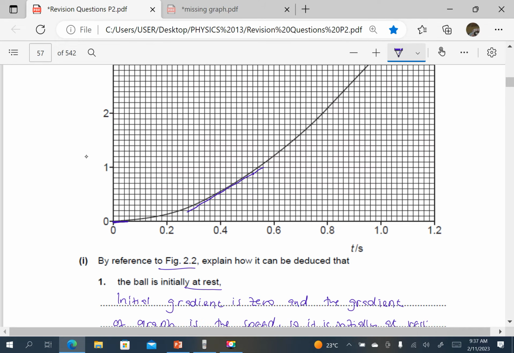I don't know whether it is very accurate, but you can draw a better one. I'm aiming at this point and that point there.